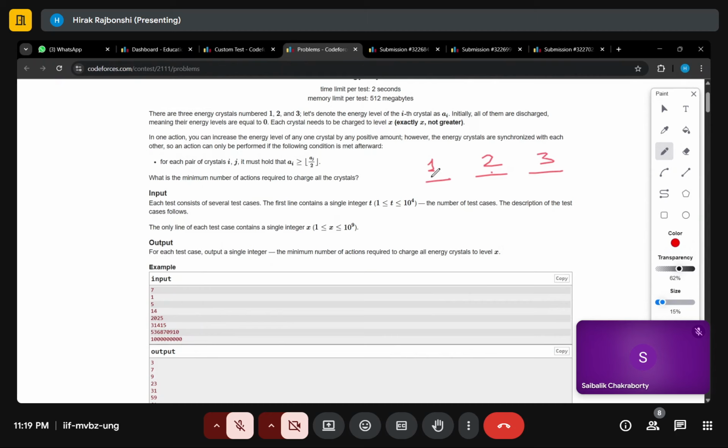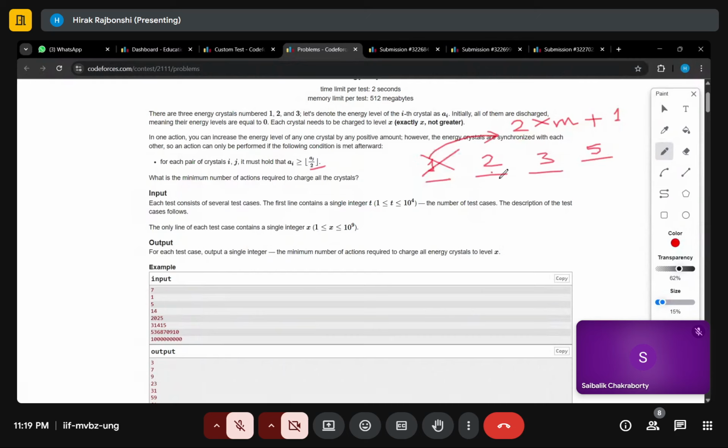If we increase the charge of the lowest crystal, then we can increase it to a level of 2 times the mid value of the three crystals plus 1, because we are considering the floor value, so the plus 1 will cancel out. So 2 into 2 plus 1 will be 5. So the next state will be this.